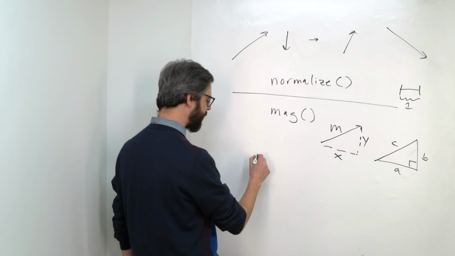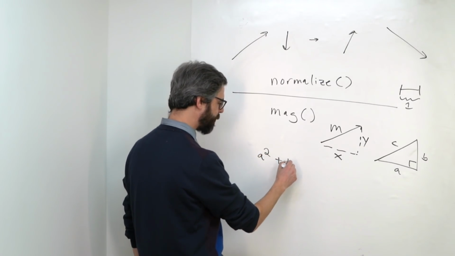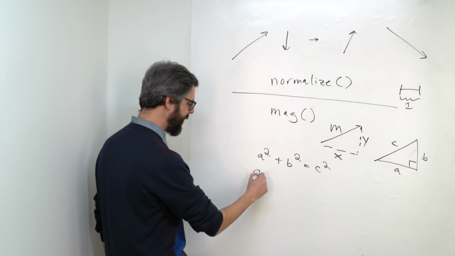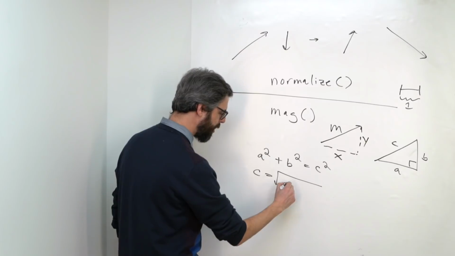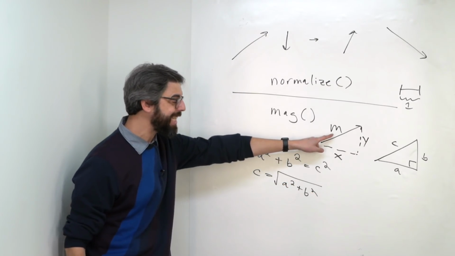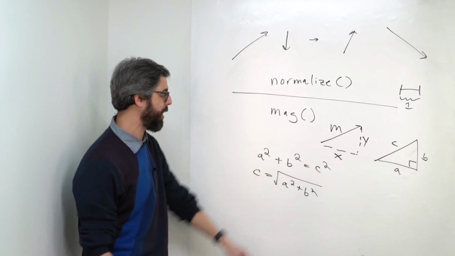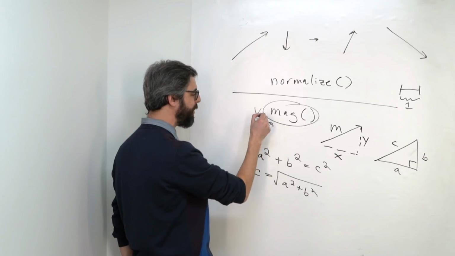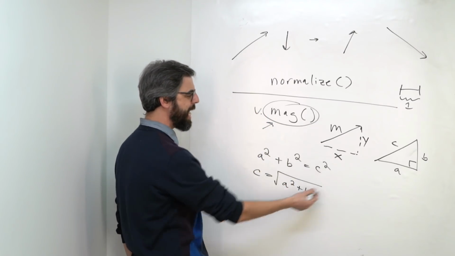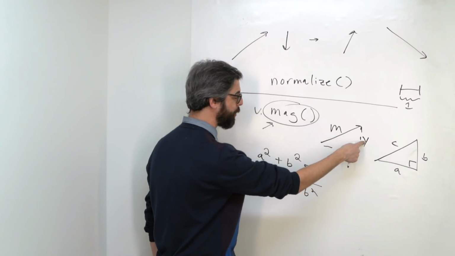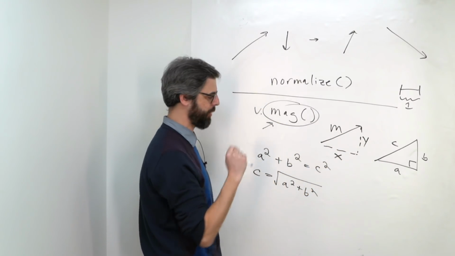The Pythagorean theorem states that a squared plus b squared equals c squared, or c equals the square root of a squared plus b squared. And in fact, that is exactly how the magnitude is calculated. So when the mag function is called on a vector, v.mag, it takes the square root of the x component squared plus the y component squared, and that gives you that magnitude.